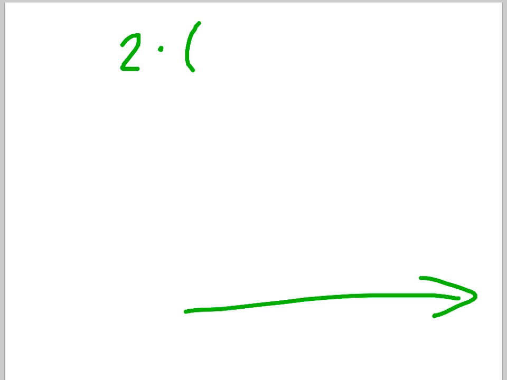For your Google form over here, I'm going to give you one problem. That's it. You're getting off easy tonight. See if you can solve this one. Let's go with 2 times open parentheses, let's use j, j squared minus 8 equals.